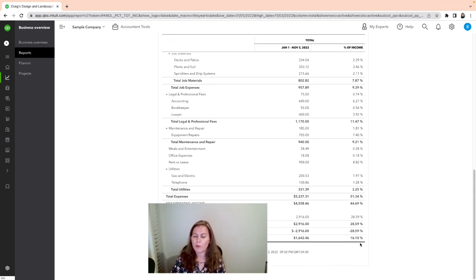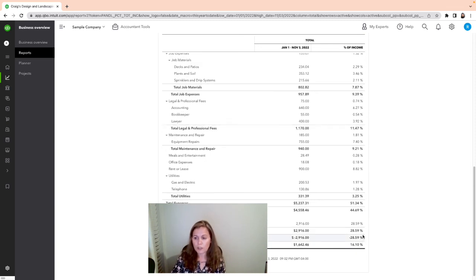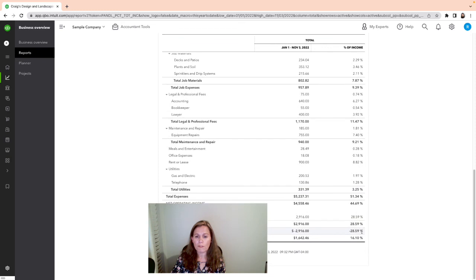It's about 16.10%. So of course, like I said, this looks good, but depending on the industry, you may find out that your average net income may be too low, or maybe pretty high, pretty good, whatever it is. But in order to know that, find out your industry benchmark, and see what's the percentage of the net income in your industry.